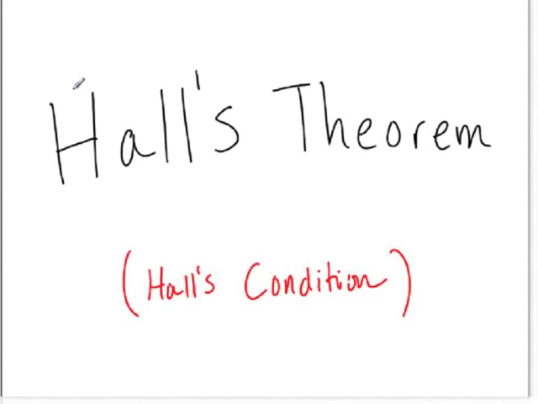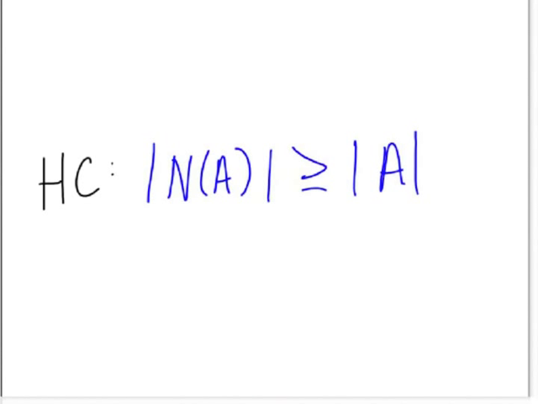Now let's dive into this theorem. It's called Hall's theorem or Hall's marriage theorem, and it goes something like this. The bipartite graph G equal to (V, E) with bipartition V1, V2 has a complete matching from V1 to V2 if and only if the cardinality of the neighboring function on A is greater than or equal to the cardinality of the subset A itself.